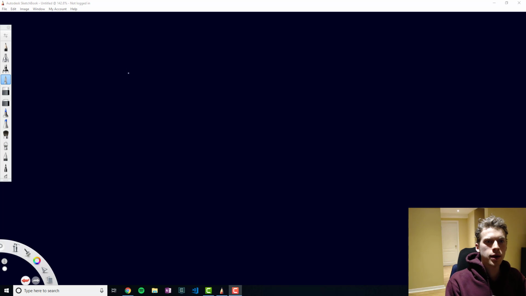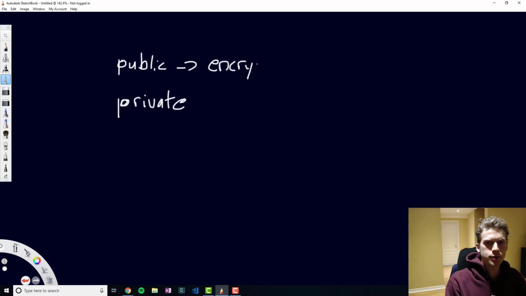So the way asymmetrical encryption works is you will generate a public and a private key pair. Okay. And the public one will only be used to encrypt messages. The private key will only be used to decrypt messages.